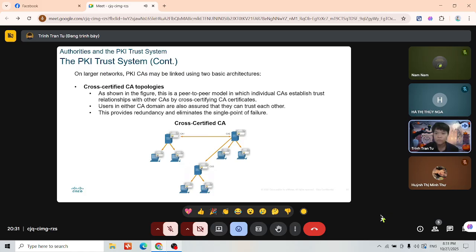This is a peer-to-peer model in which individual CAs establish a trust relationship with other CAs by cross-certifying CA certificates. Users in either CA domain are also assured that they can trust each other. They provide redundancy and eliminate the single point of failure.